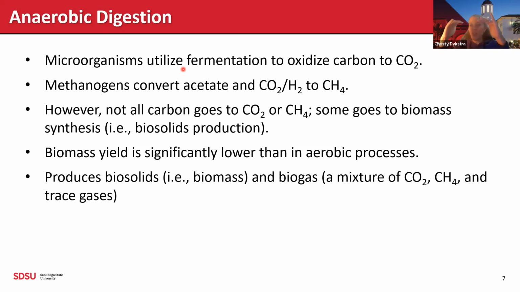They go down the energy list, picking up the most energetic ones first and using those first. When that gets used up, they go to the next one, and the next one. When they've used up every possible external electron acceptor, you would think that everything stops and the microbes can't do anything. But they were pretty ingenious.